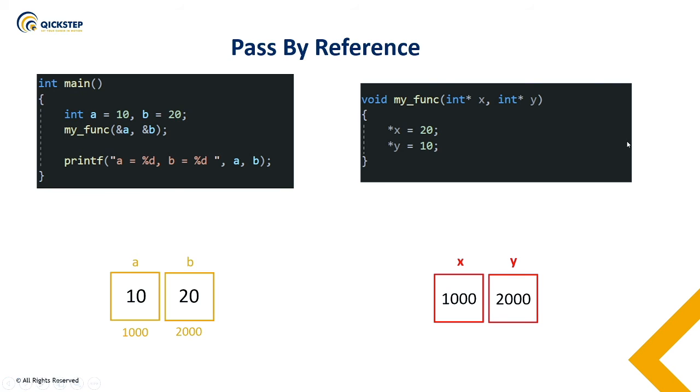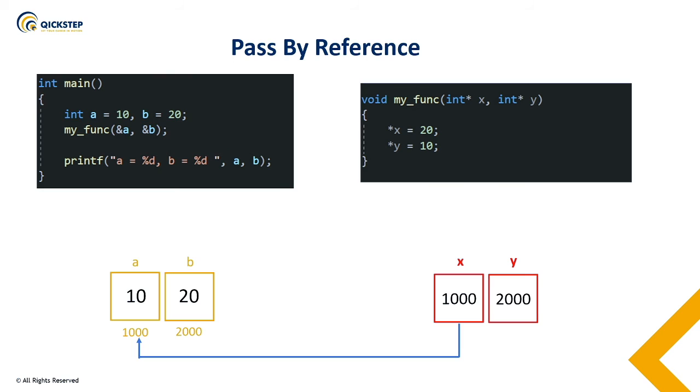Which means when I say star x, x is currently holding the memory location 1000, so I want to access the value that is currently there at the memory location 1000. So when I say star x, I'm trying to reach this point.